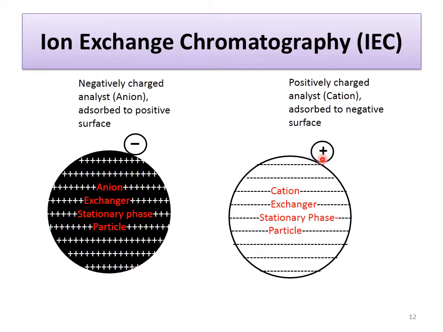So in this manner, the stationary phase is negatively charged and positive charges bind to it, and later these positively charged proteins are going to be exchanged with the positively charged salt ions. So in this type of chromatography, positive charges are going to be exchanged on the stationary phase. So this is called cation exchange chromatography.